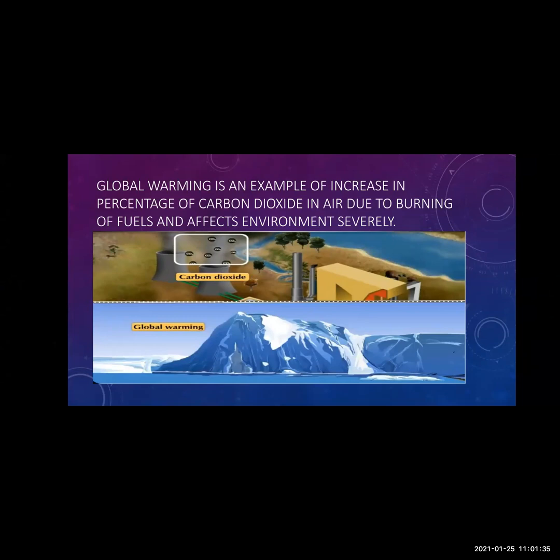This air pollution is caused by thermal power plants, nuclear power plants, and natural gas power plants. These power plants affect nature and the environment, and this leads to global warming.